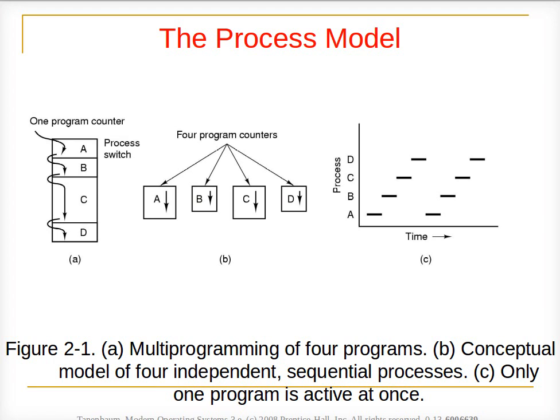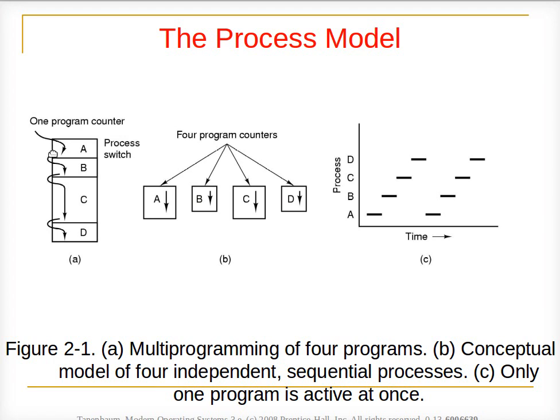So here are three views of multi-programming of four programs. Here we have a single program counter, and the processes are being switched by the program counter, basically pointing to the first process and going through the instructions.